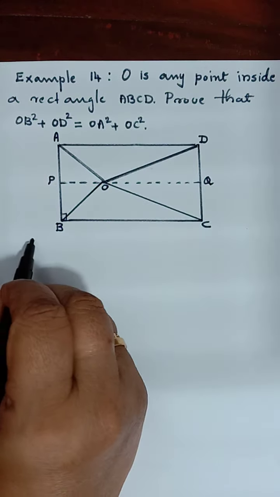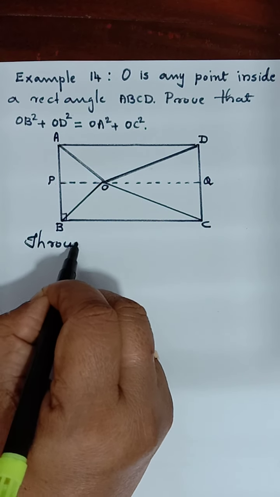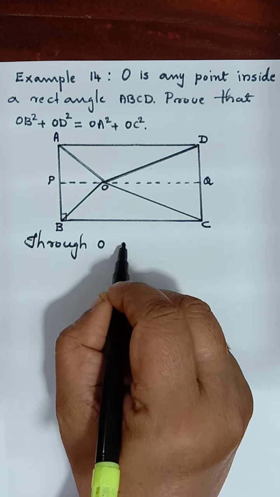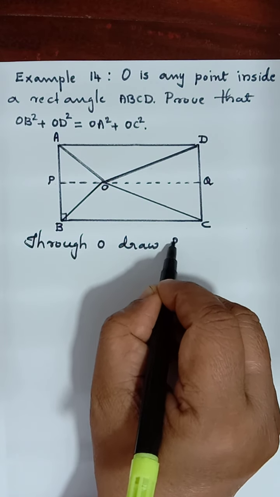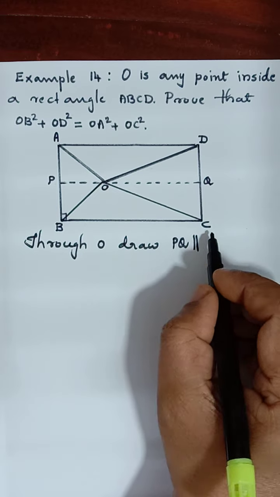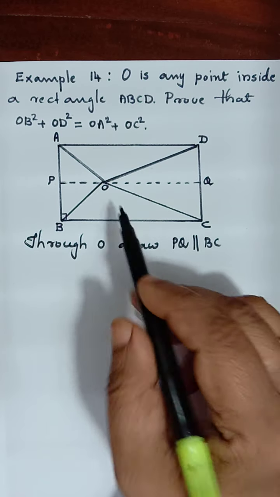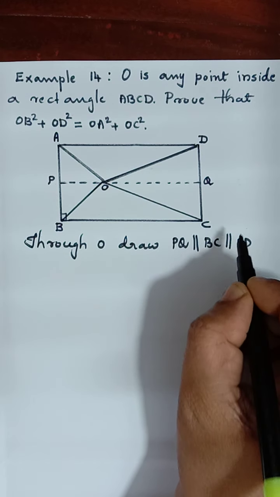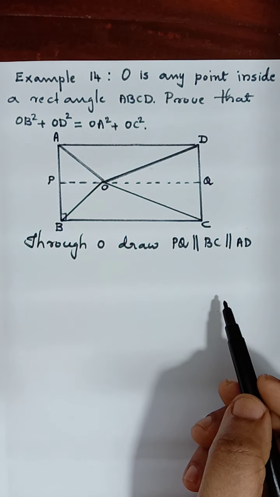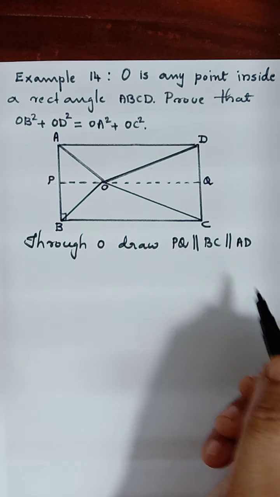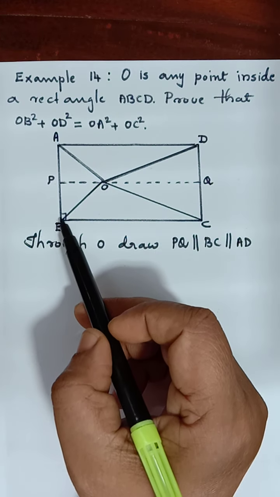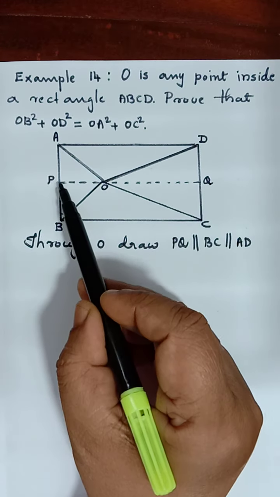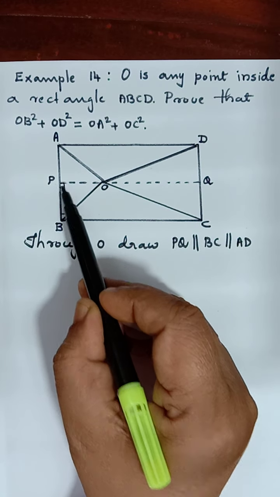In our construction we write: through O, draw PQ parallel to BC. PQ parallel to BC, so automatically it is parallel to AD. This is our construction. Therefore, we know that this angle B is 90. Therefore, this PQ is perpendicular and here it forms 90.